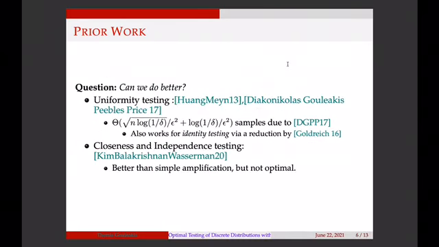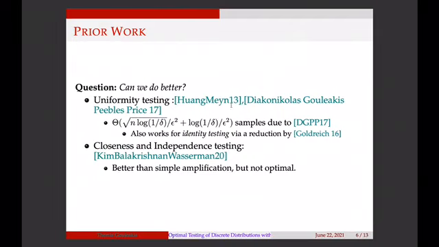So for the problem of uniformity testing, there has been some work along these lines, and the optimal bound is now known, and it includes all three relevant parameters: domain size n, the proximity parameter epsilon, and the error probability delta.